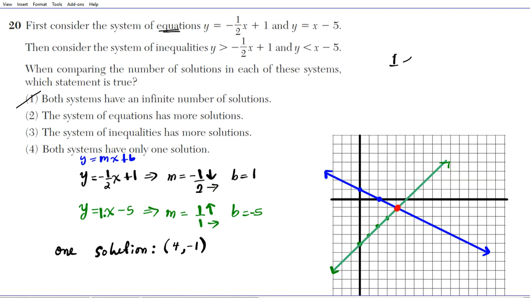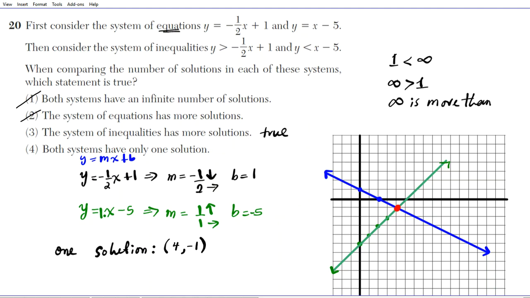One is less than infinity. So this statement is false. Number 3, the system of inequalities has more solutions. This is true because infinity is greater than 1.